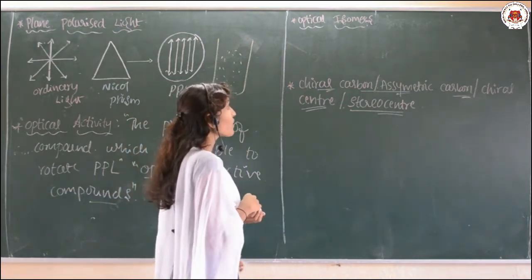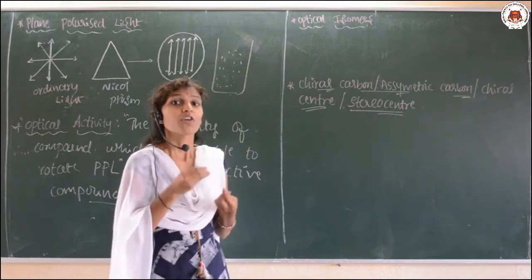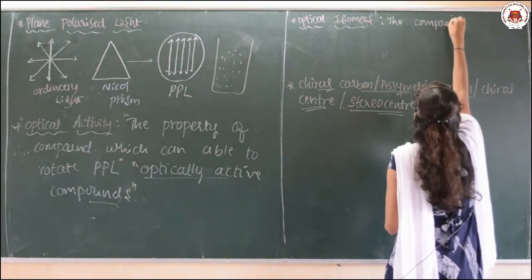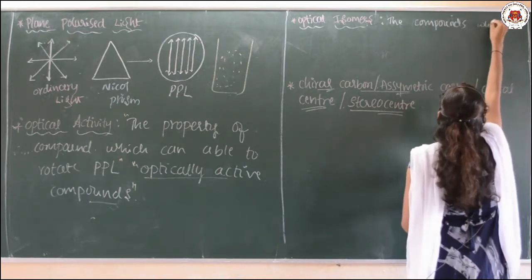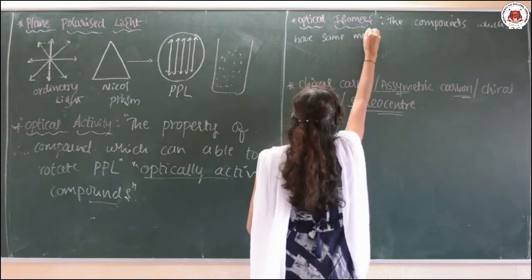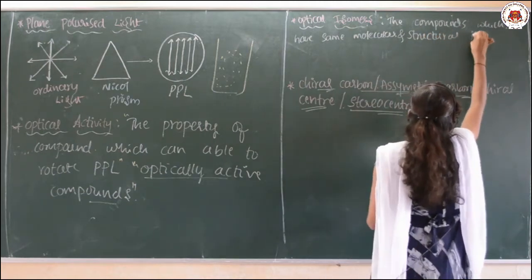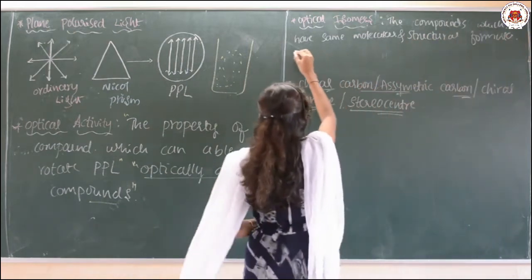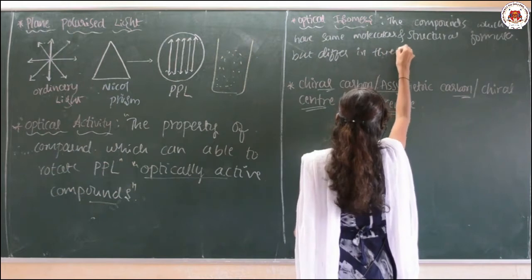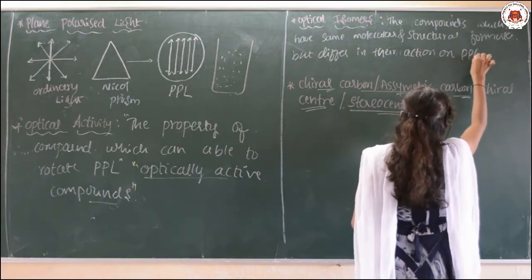Here, optical isomers means the compounds which have the same molecular and structural formula, but differ in their action on plane polarized light.